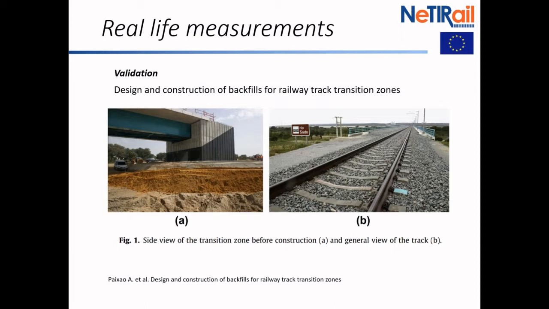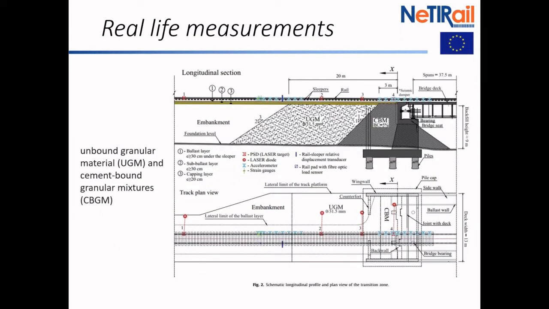So here you've got it in part A of that slide during construction, before the actual track has been laid next to the bridge, and in part B after they've completed the embankment and also the track on top. So the monitoring they did there we could use to verify what we were doing in our models.